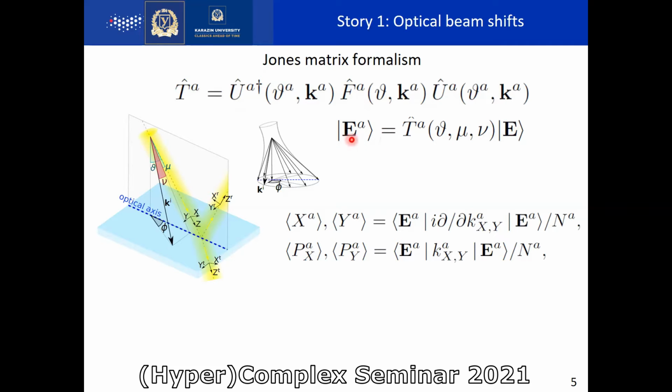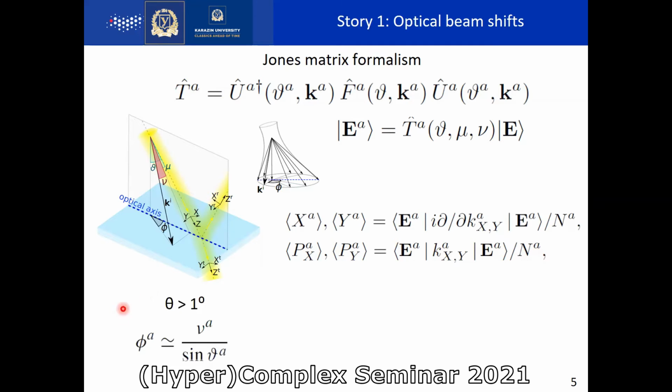In such a way, we can calculate the scattered electromagnetic field, and the shifts are calculated as the deflections of the center of mass of the beam according to the quantum mechanical definitions. Here, this line corresponds to the linear shifts, displacements, and the bottom line to the angular shifts, so deflections.